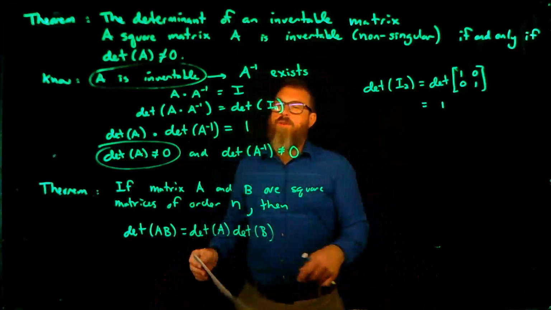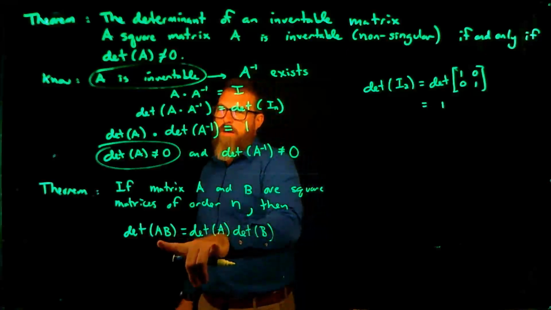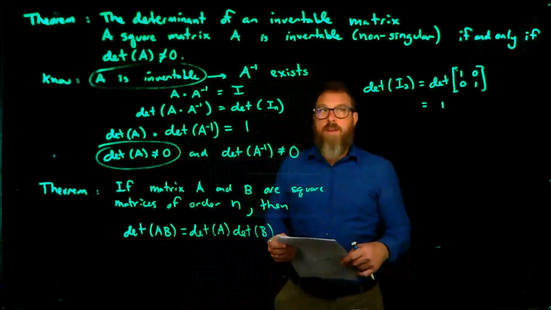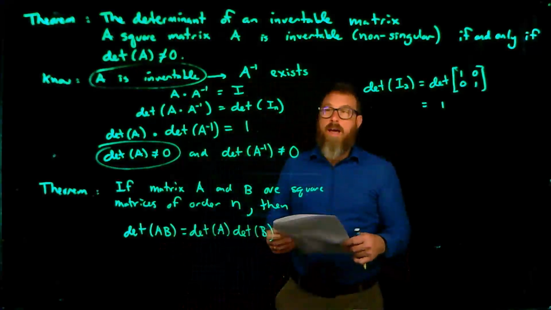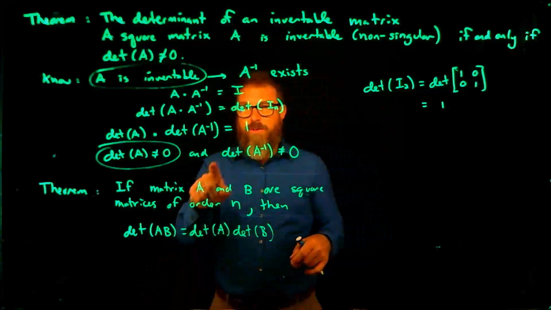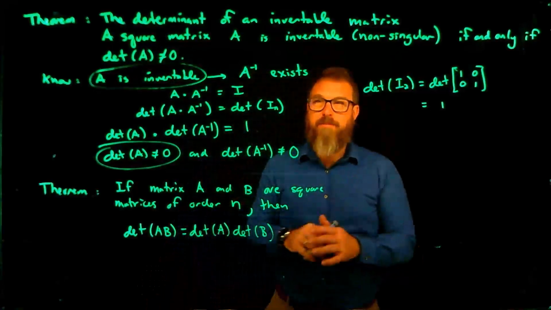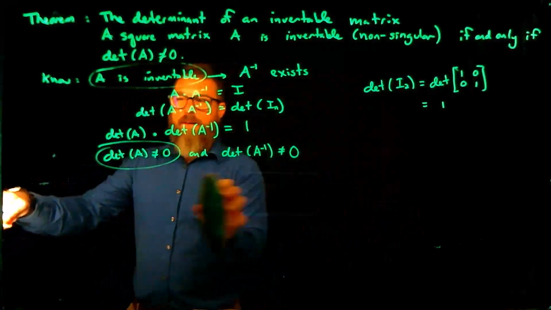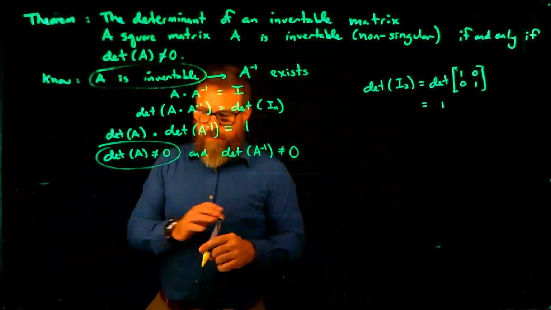Now the next one I want to do is create a theorem that says if I know the determinant of A, I also can find the determinant of A inverse. And I am going to use essentially this. So here's the theorem that I want to go after, and then see if you can spot it.